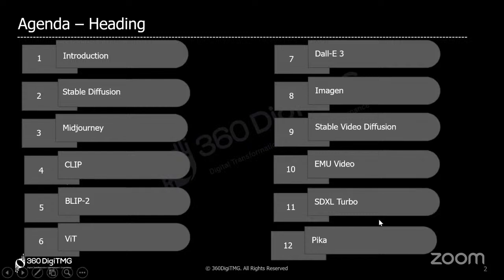Today we have seen SDXL, then Pika, and after that Florence-2 and CogAgent. And right now we have seen the scaling of open vocabulary object detection.